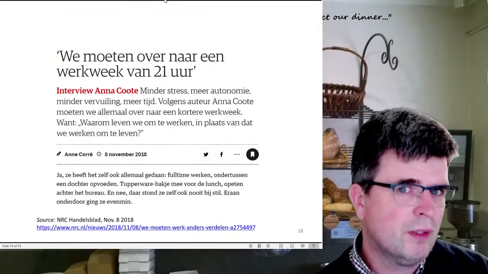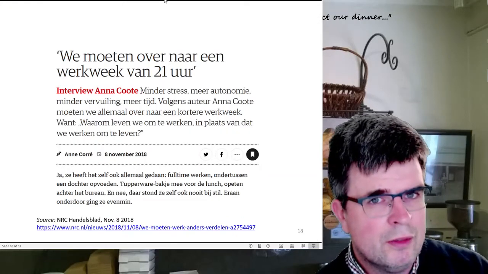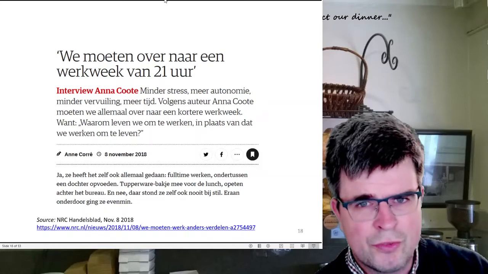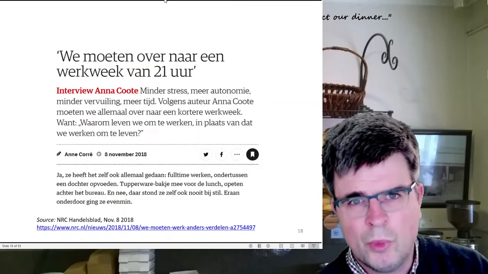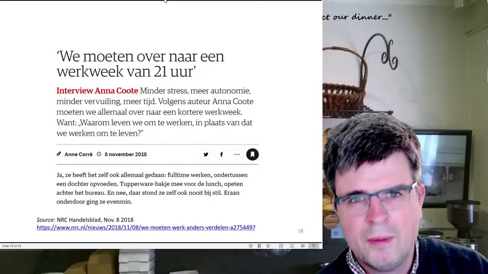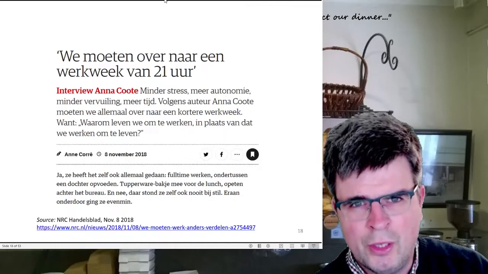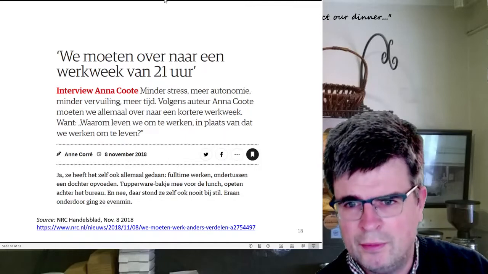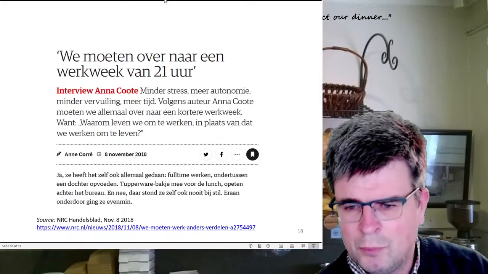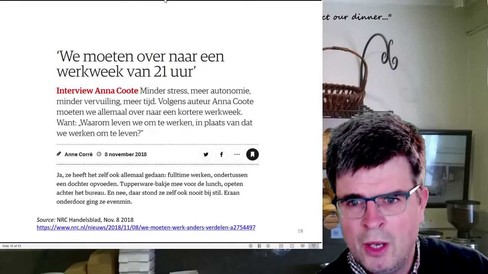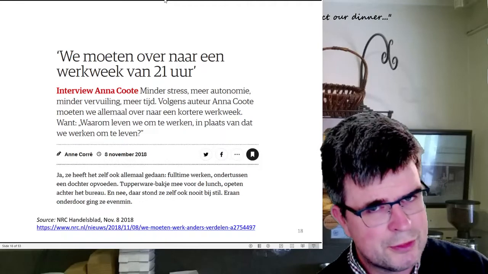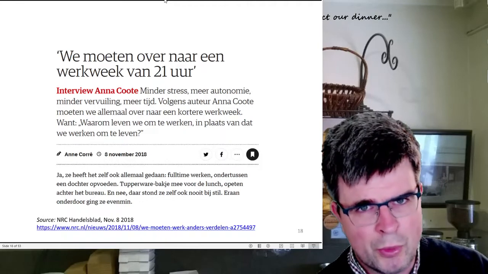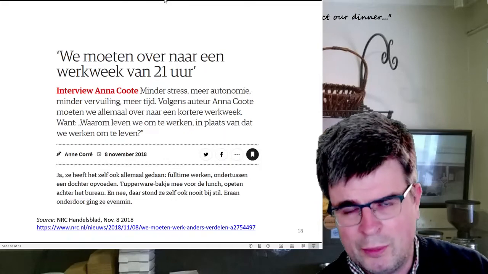However, the message of Keynes and this idea that we should not work that much anymore is still often heard in the newspaper. And here's an example from a couple of years ago where Anna Coote also says, well, to reduce stress, we should reduce our working week to, say, 21 hours.